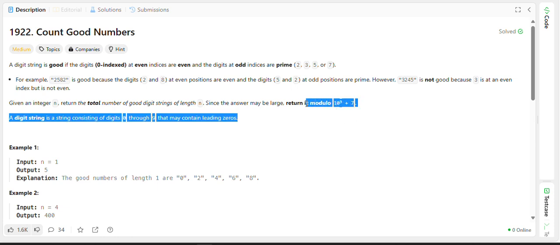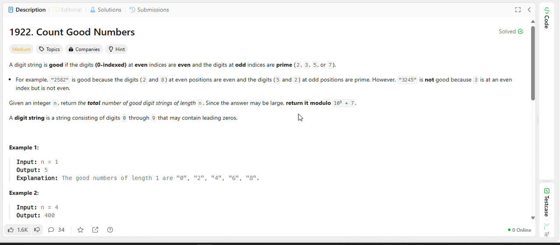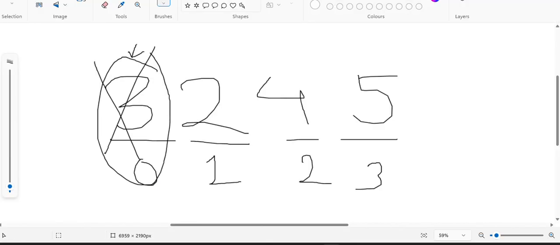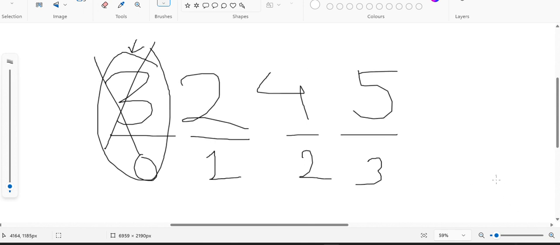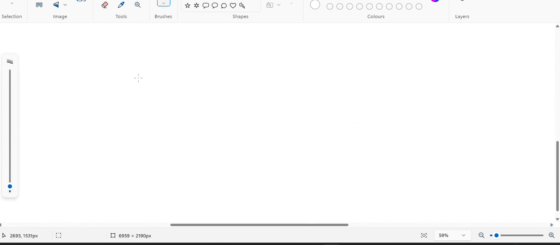For a little bit of time, let's ignore the modulo part. Let's actually understand what the question wants from us. So we will be given an n length, and you should return how many good strings are possible.